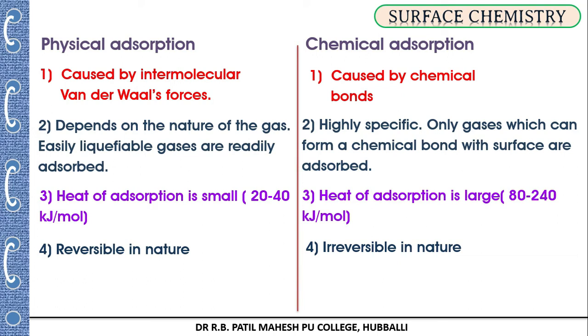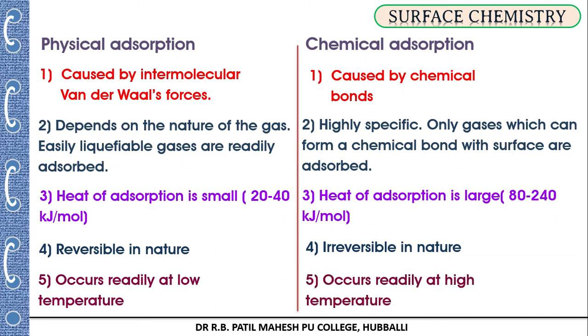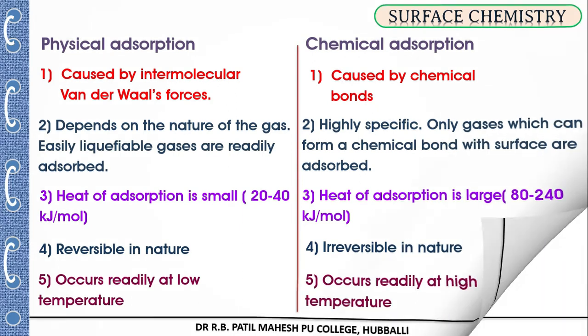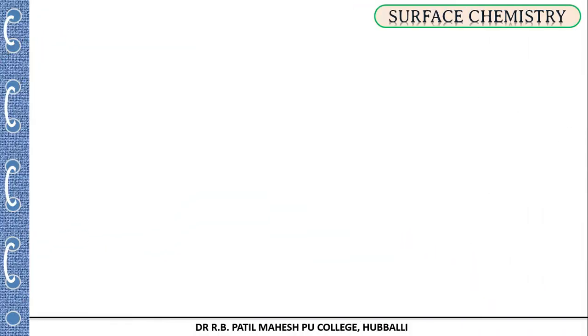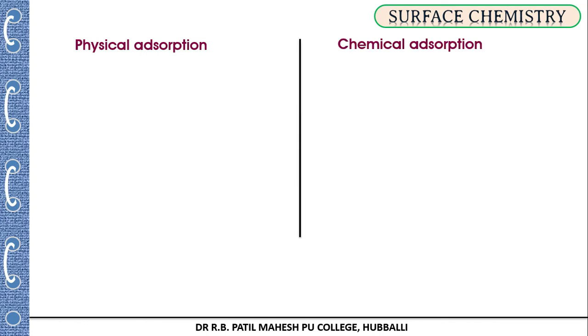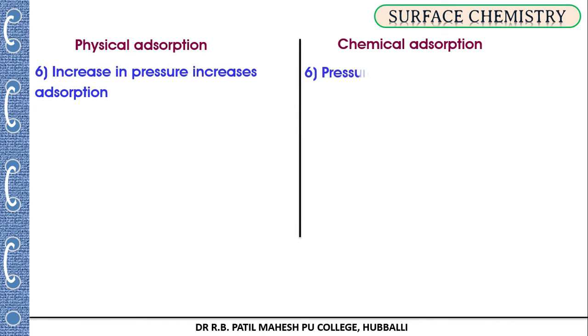Physical adsorption is generally favored at low temperature, whereas chemical adsorption is favored at high temperature. Physical adsorption increases with increase in pressure, whereas in the case of chemical adsorption, pressure has no effect once there is a formation of a unimolecular layer.